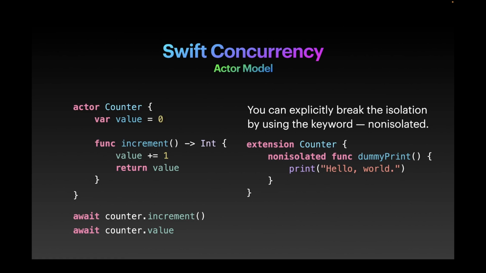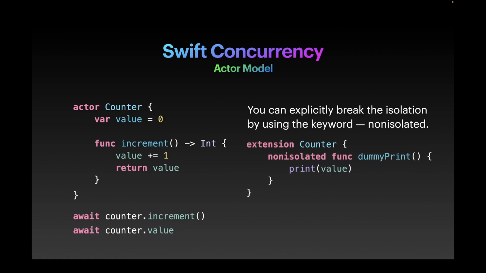In that case, it's totally safe for the caller to call this one in a non-isolated way, which means calling this function without explicitly using the await keyword. So I can use this keyword, nonisolated. By doing so, when I call this function, it just says counter.dummyPrint. You can see there's no more await keyword before that.